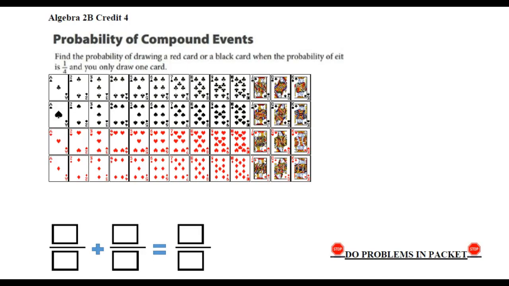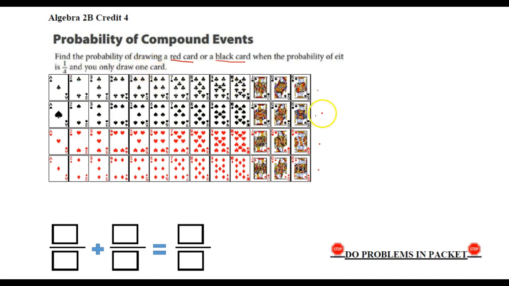All right, on the next one, probability of compound events. Let's say find the probability of drawing a red card, or a black card, when the probability of either of these things happening is 1/4. Of course you can only draw one card.